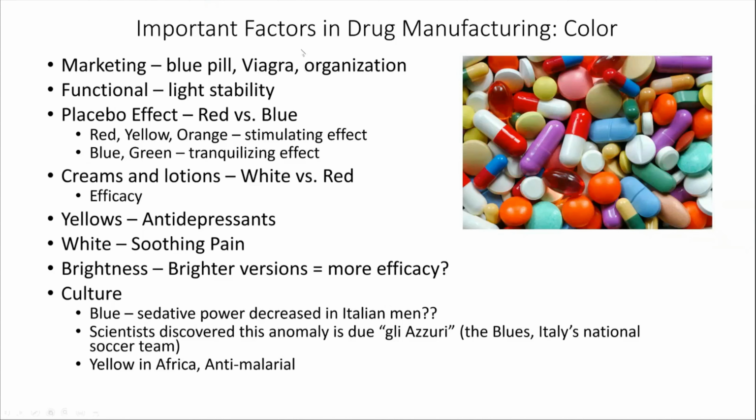But anyway, the importance of color in manufacturing, which I briefly mentioned the first day of class, is really important for a lot of different reasons. First, marketing. There are color associations with different types of pills, right? The blue pill for Viagra. Also, organization. For example, let's say Bayer has multiple pain relievers for back pain, Bayer Back and Body, right?